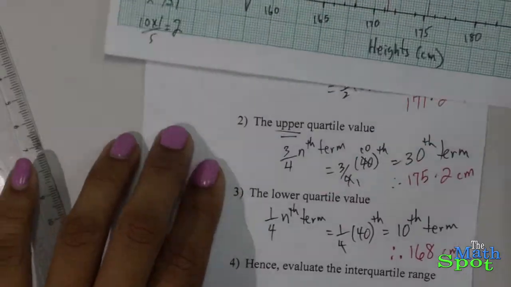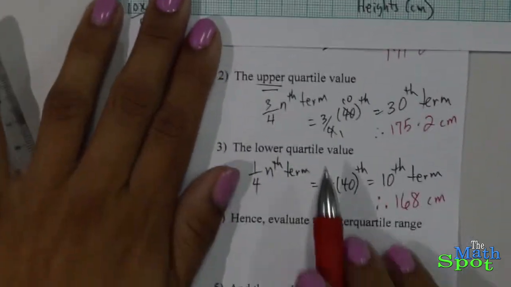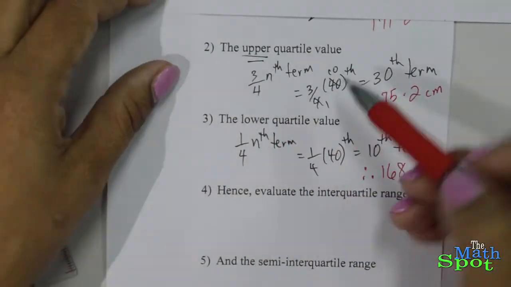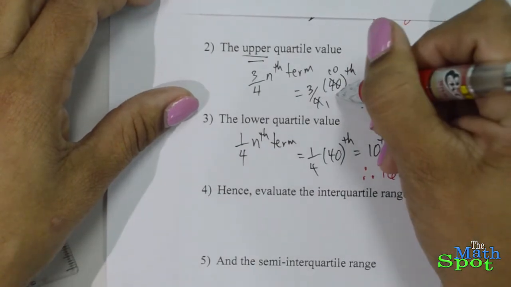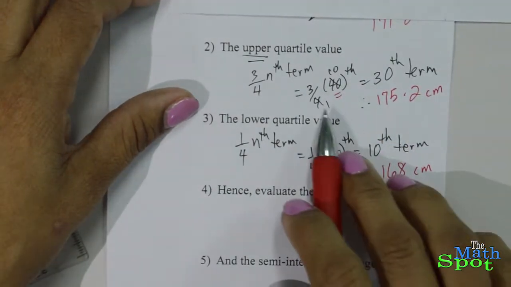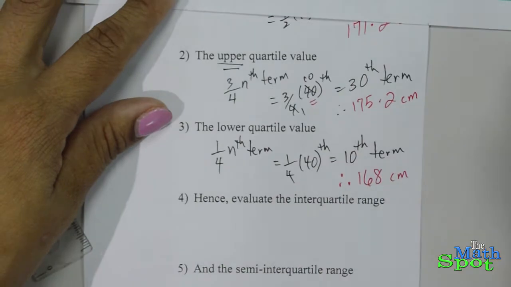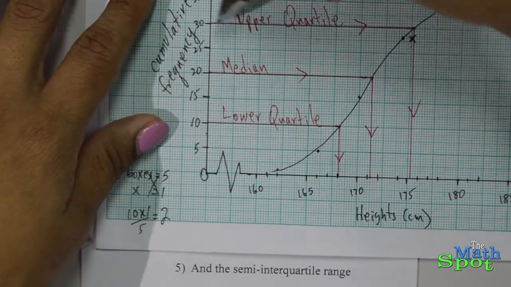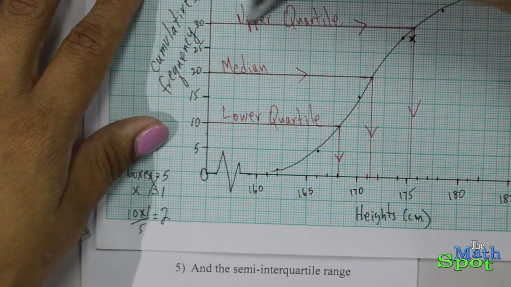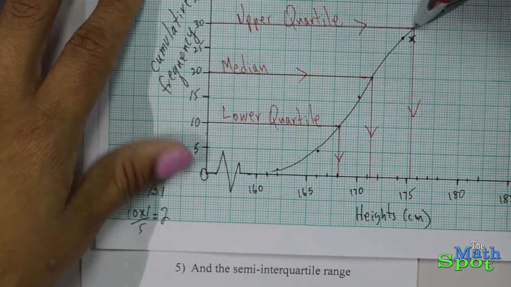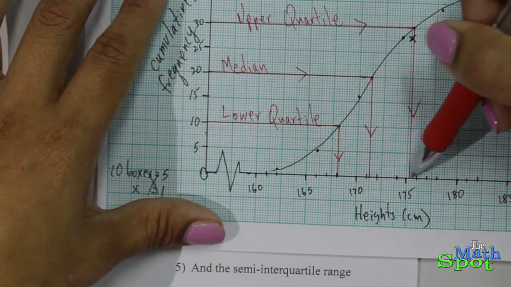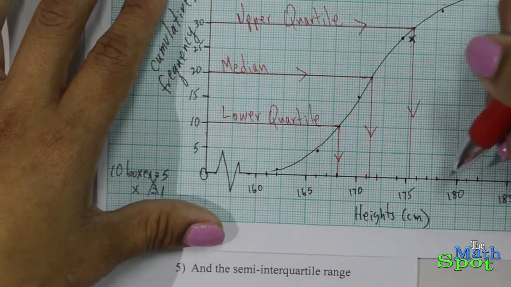So just to recap on that, our upper quartile value takes the position or ranking 3/4 nth term. 3/4 of your frequency, 40, gives us the 30th term. So on your curve, locate the 30th term, draw that line until you reach that curve, and then you go down, vertical line, to your x-axis, and you read the location.